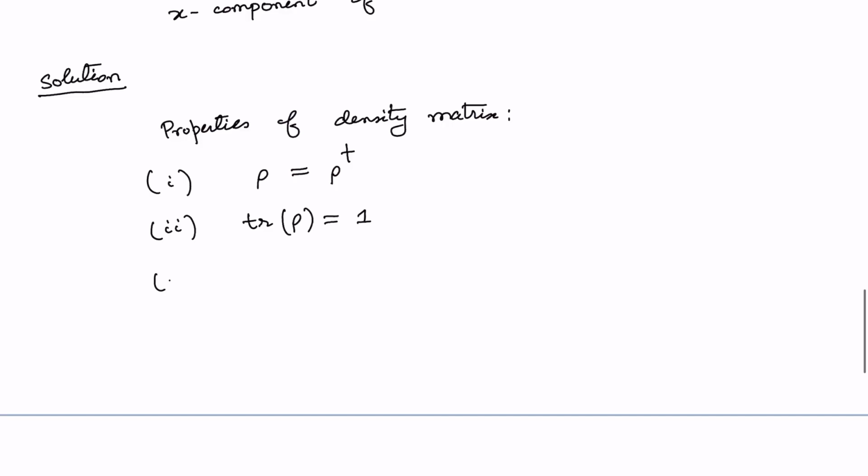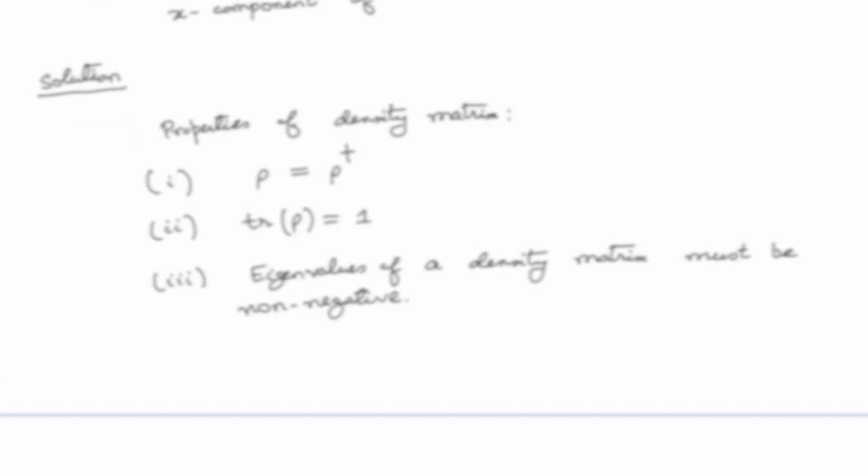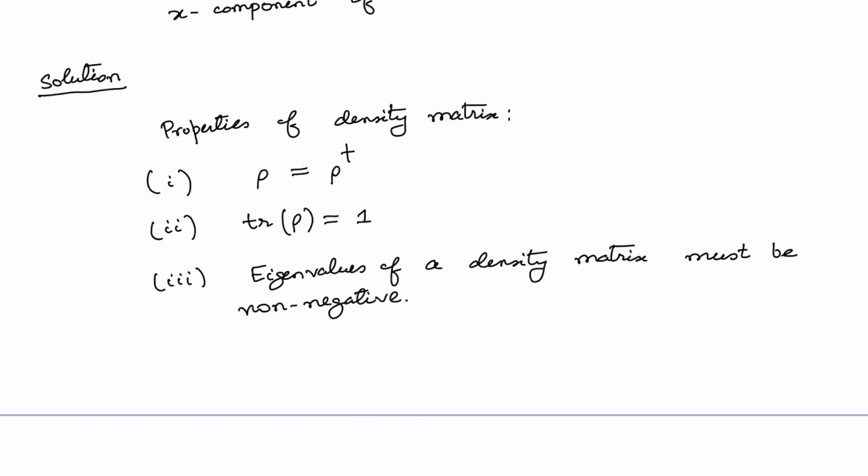And thirdly, which is very important, the eigenvalues of a density matrix must be non-negative, and it is related to the fact that the diagonal elements represent probabilities, and probability cannot be negative, so eigenvalues have to be non-negative. So this is critical. Now let us check these properties one by one for the given matrix.